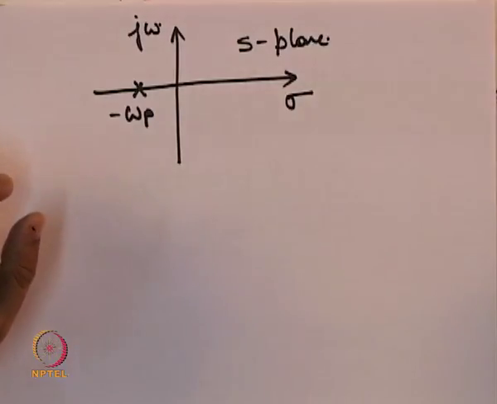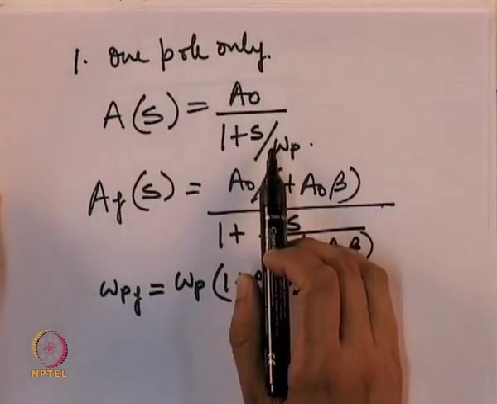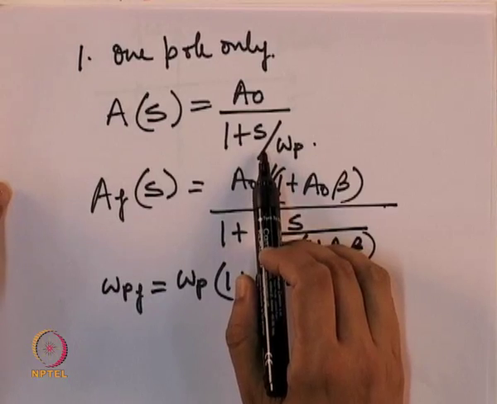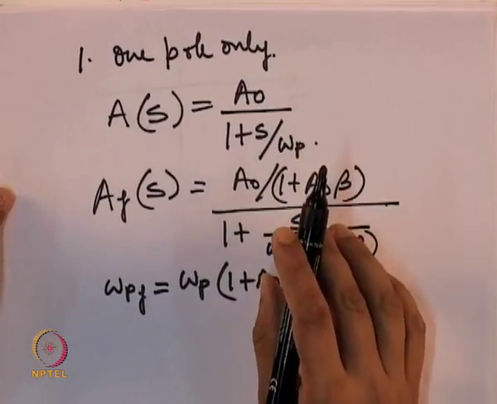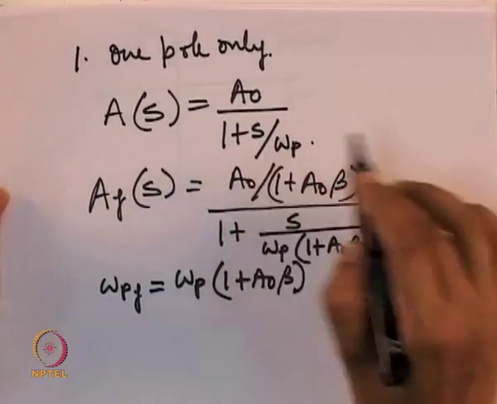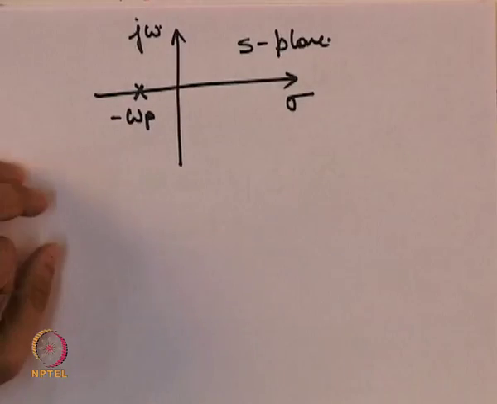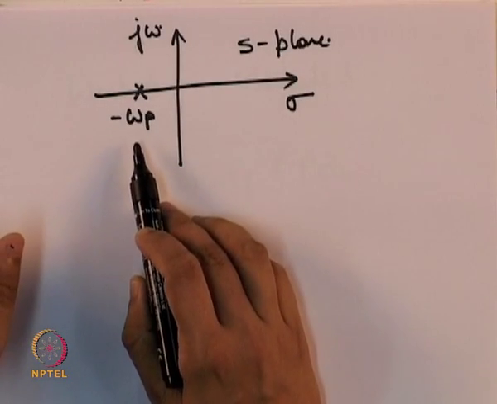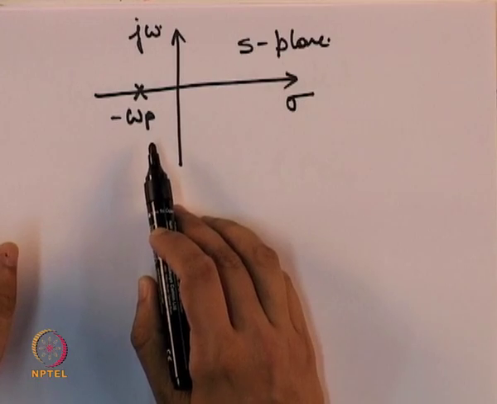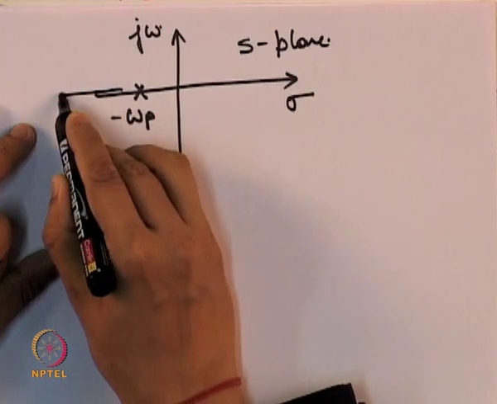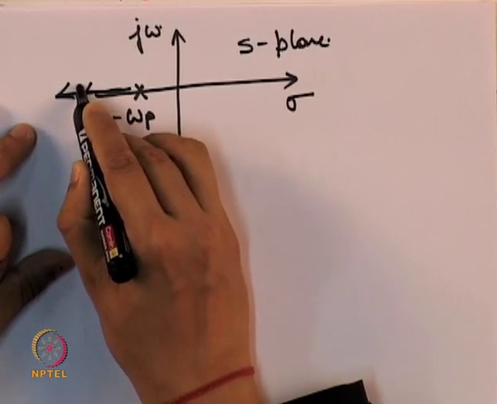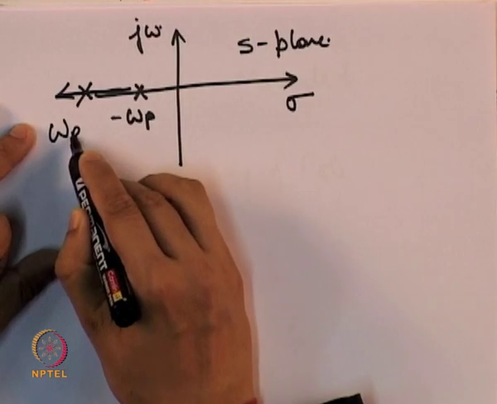Of course, in the transfer function that we have chosen here, the pole is on the left half of the S plane for stability. So, that is why we have this plus in the denominator and not a minus. The pole therefore lies at minus omega p, and after applying the feedback, what we see is the pole shifts leftwards.